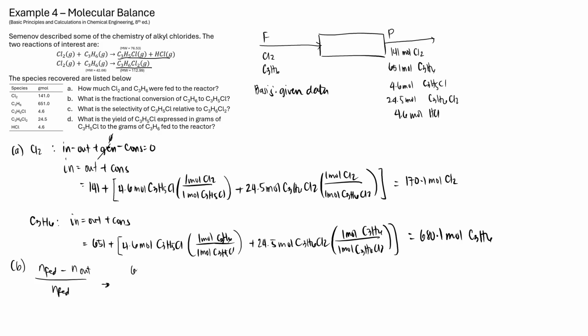Fed is 680.1. Went out is 651 over 680.1. That gives me 0.043.